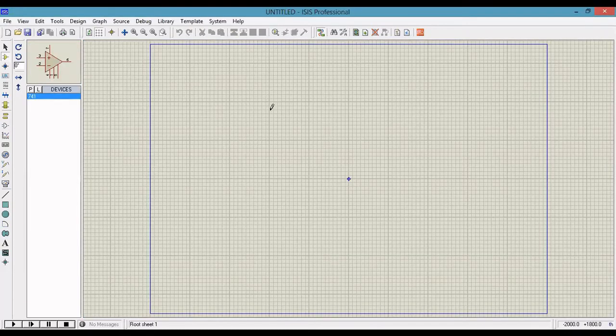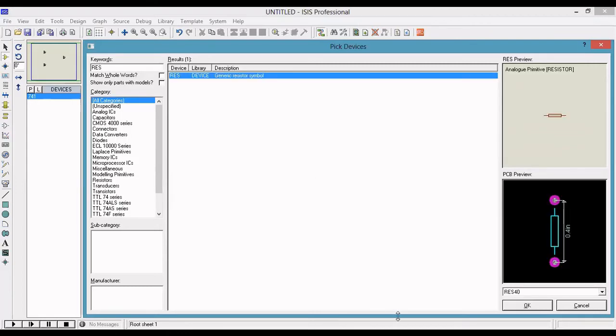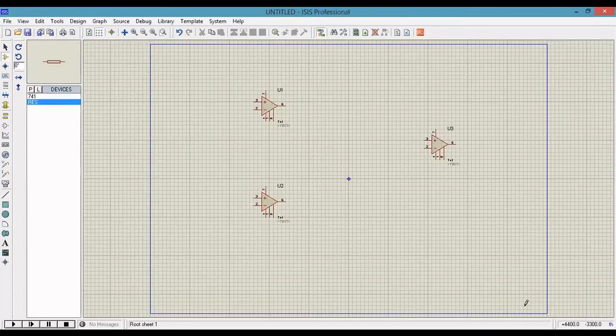Click and paste it here. We need 3 op-amps. So I have placed 3 op-amps. Next I need some resistors, so type RES. We need some 3, 5, 7 resistors.